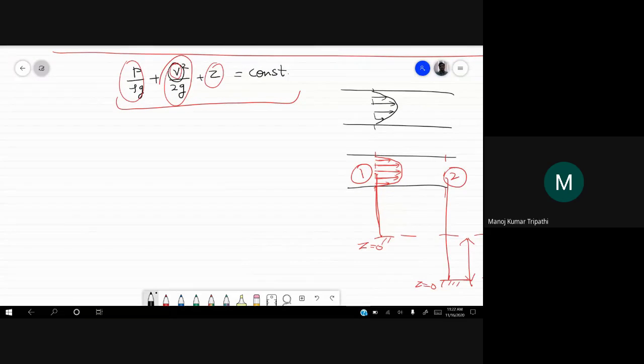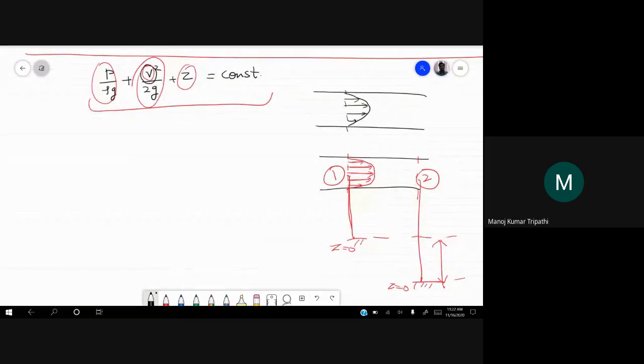Okay, either what you can do is, if you know some streamline here, let's say at the center line, then you can take the center line velocity only for that center line. But in general, for practical flows, the center line velocity is not generally known.